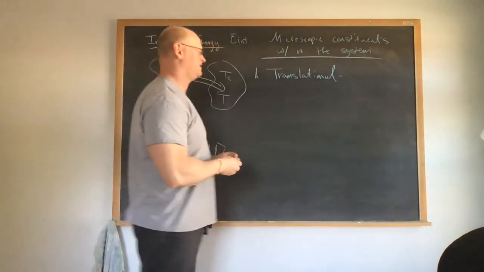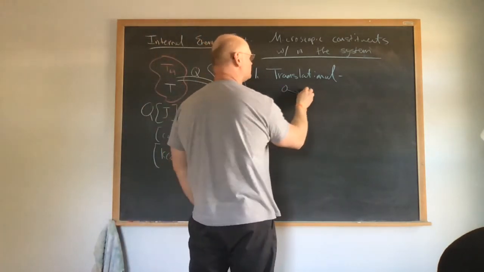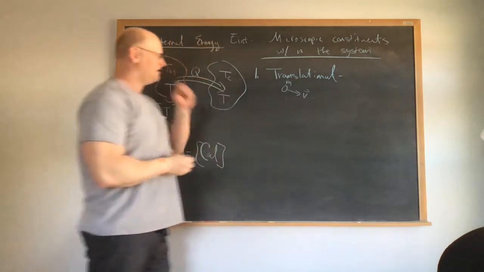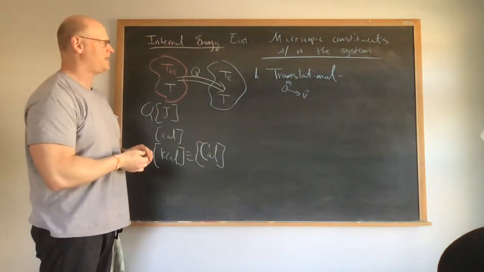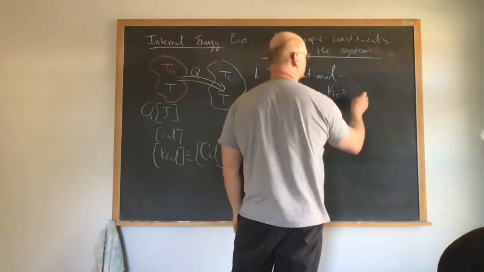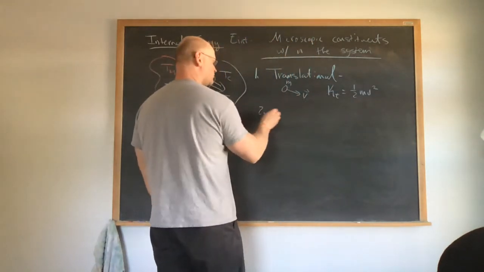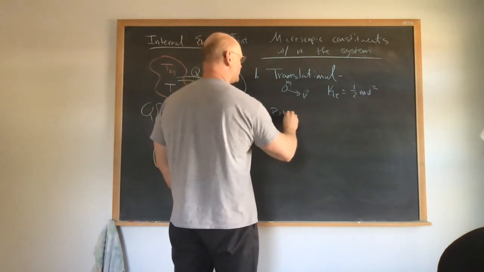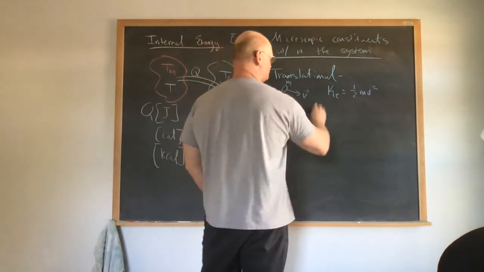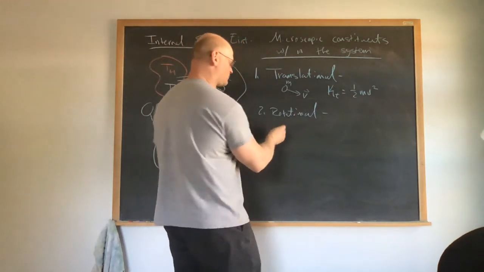In this case, the molecules are just moving in some particular direction with some velocity v, with some mass m. So this is going to have a translational kinetic energy, which is equal to 1/2 mv squared. There's also the rotational kinetic energy that we saw on the last exam. In this case, we can have an object which is rotating.